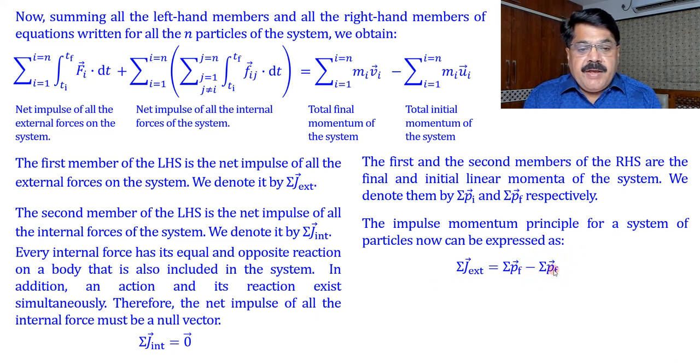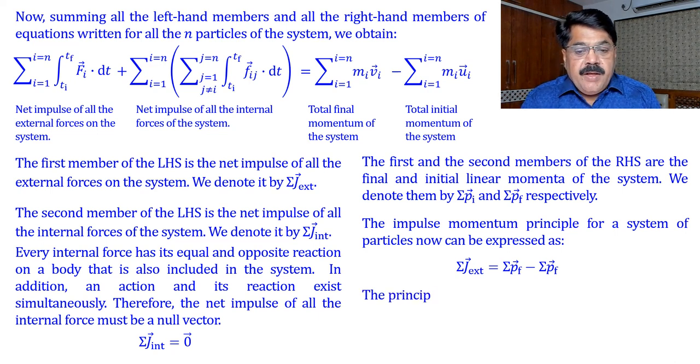That is a very simple statement. So we get rid of these complex notations, and again I will mention that the total impulse of all the internal forces will always be a null vector. What this principle states is that the total impulse of all the external forces on a system is equal to the change in linear momentum of the system.